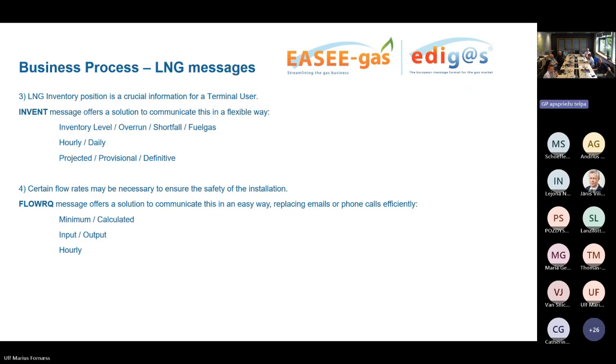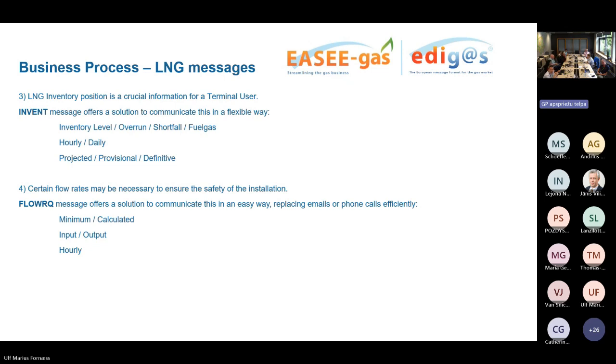Here again, the message can contain hourly figures or daily figures. It can also contain projected figures, to give information about what the inventory level will be in the future, depending on the nominations that are already known when we send the message. It can contain provisional data and definitive data.